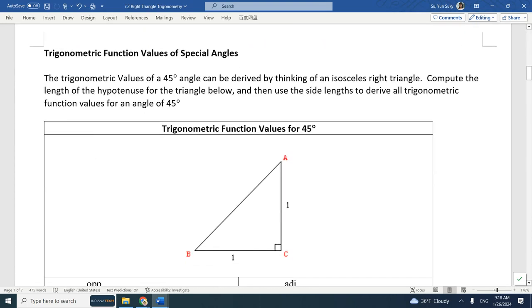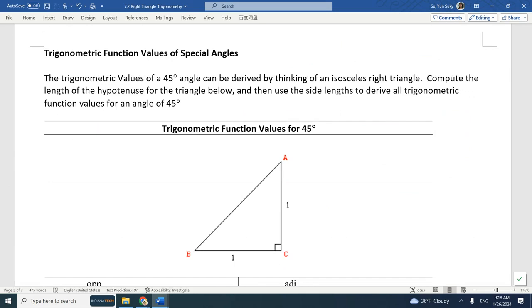Okay, and then trig function values of special angles. Do you remember last Monday or last week? We have the full circle, and then we look at the multiples of 30 degrees and multiples of 45 degrees. So those are the special angles.